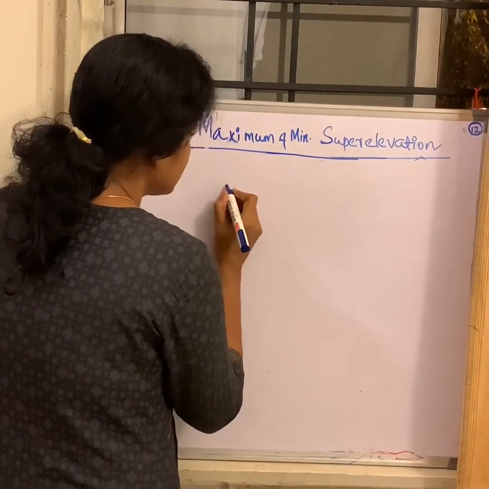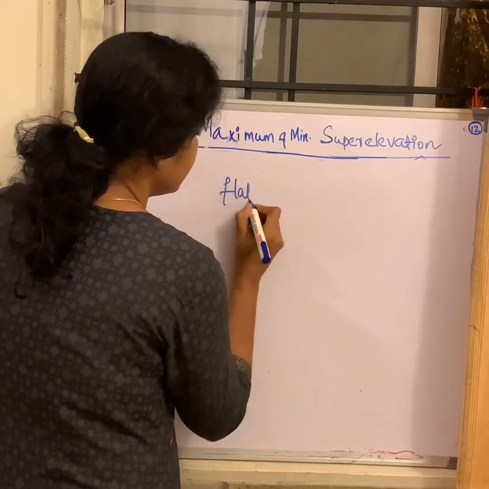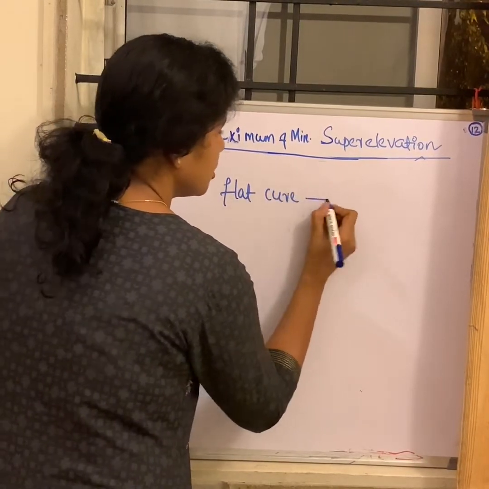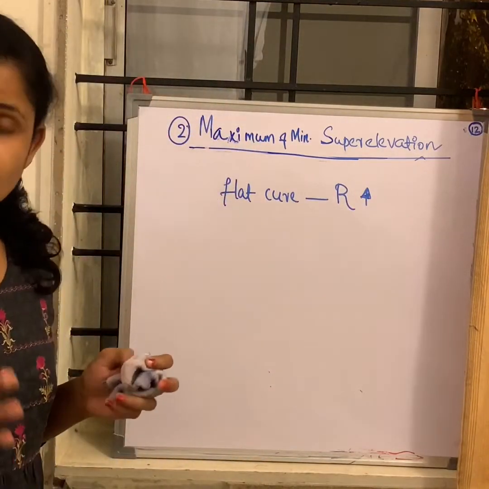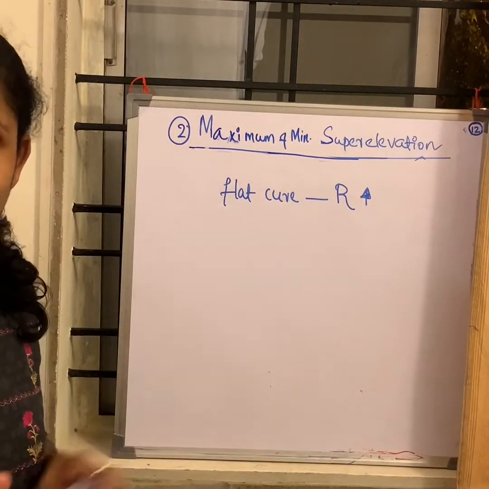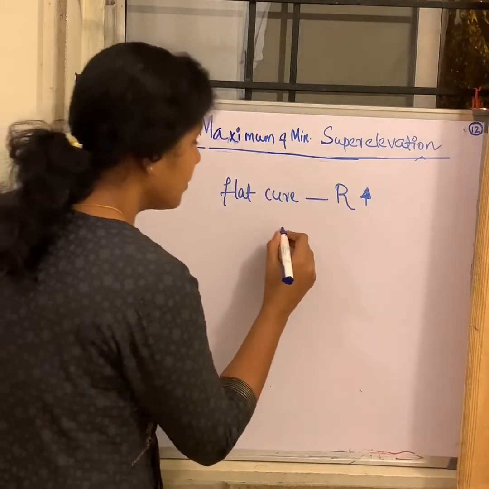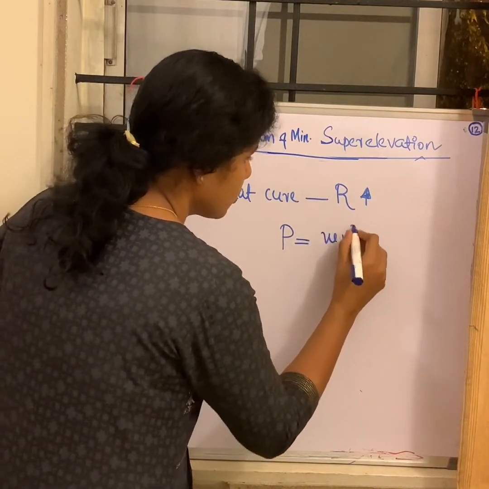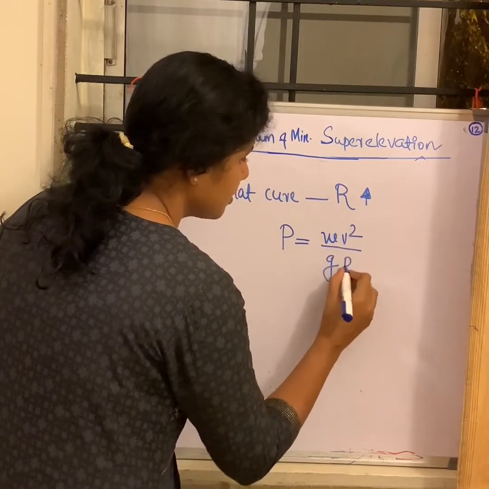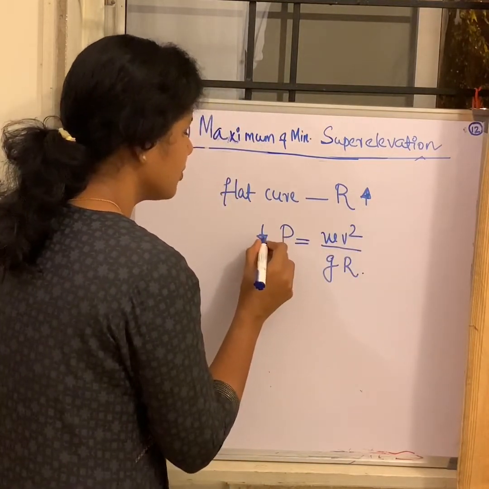The other case is when you have a flat curve in which the R value is high, that means a large radius of curvature is available. So what will happen to the centrifugal force? Centrifugal force will be WV square by gR, right? R is high means the centrifugal force developed will be less.